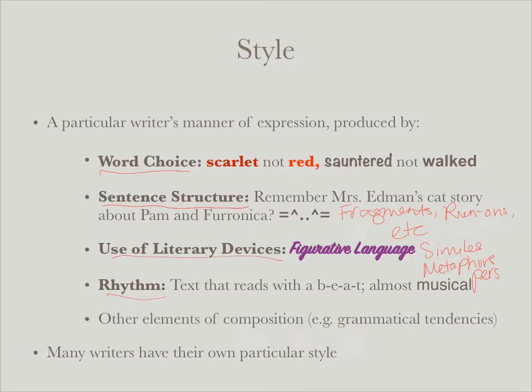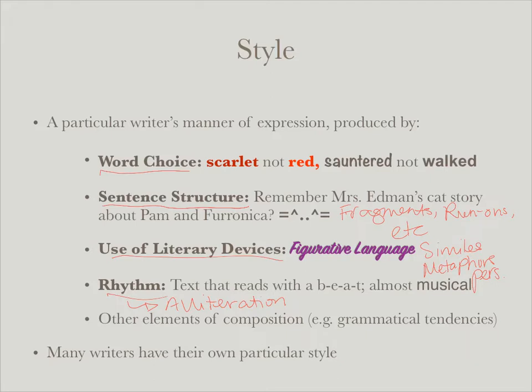Rhythm. Rhythm is something we see more often with poetry, but it can exist in prose as well. And we actually find some different examples of rhythm in this text as well. Rhythm is something that alliteration contributes to, but it also is how the words are put together.